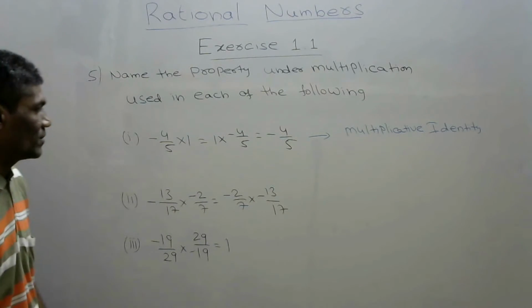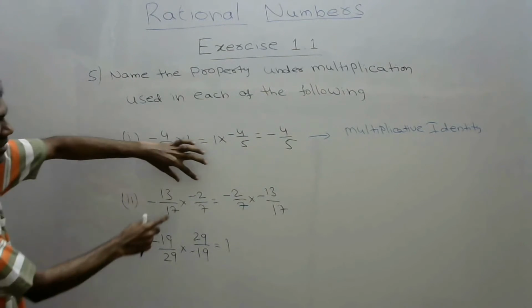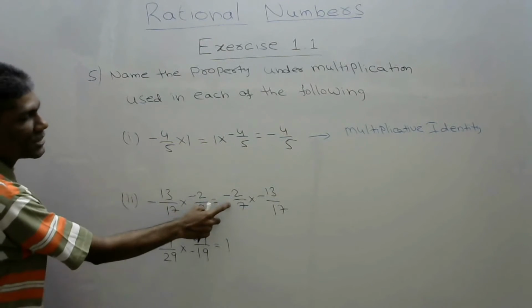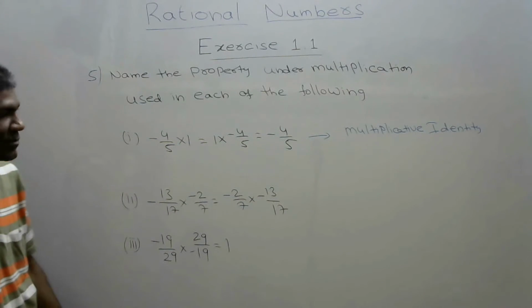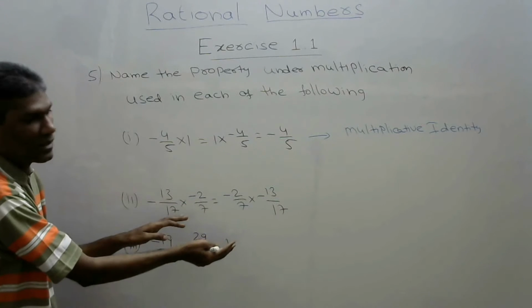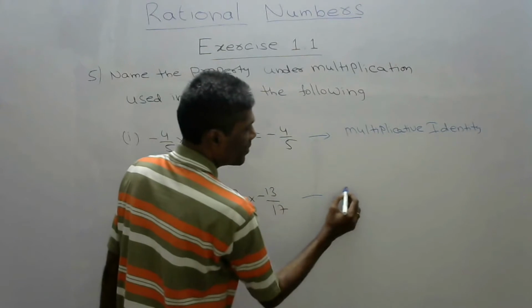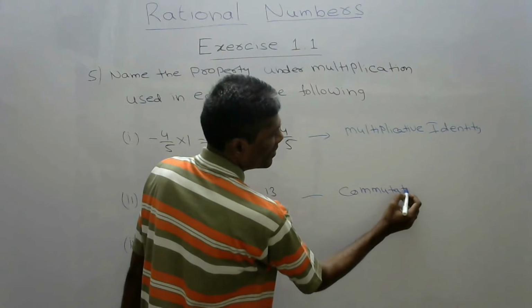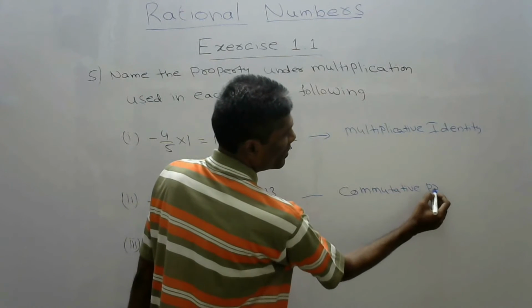Second one: minus 13 by 17 into minus 2 by 7 equals minus 2 by 7 into minus 13 by 17. So we are interchanging. This is called commutative property.